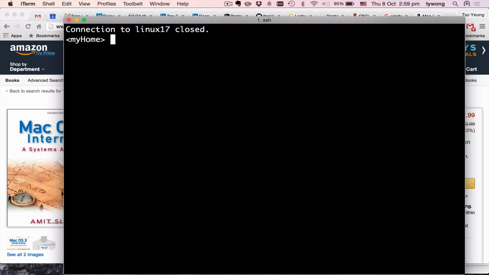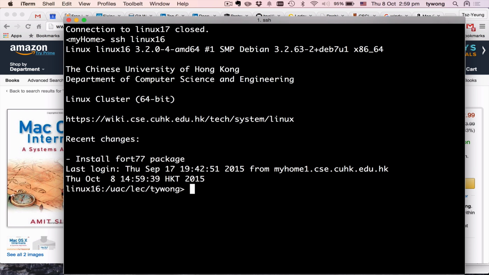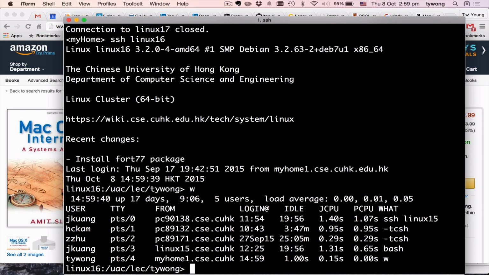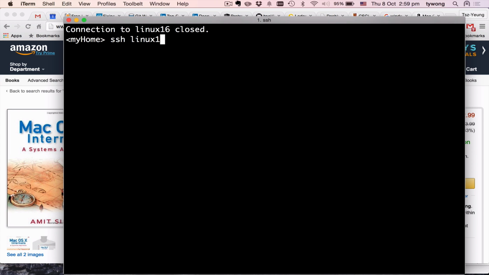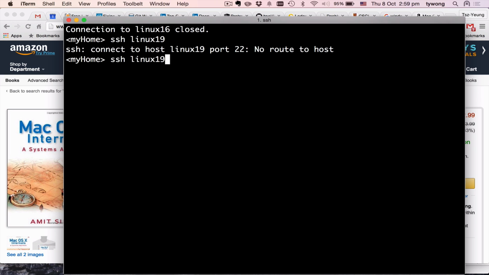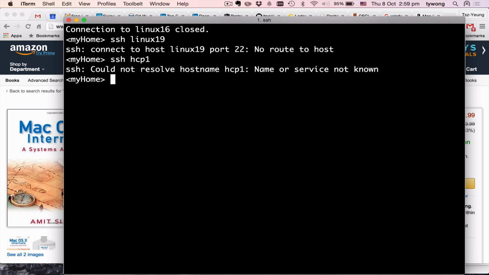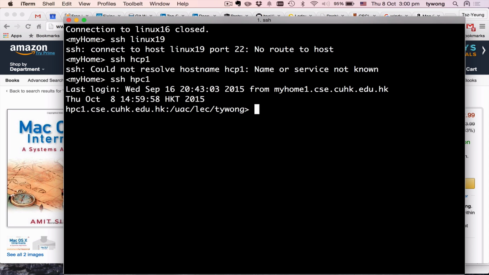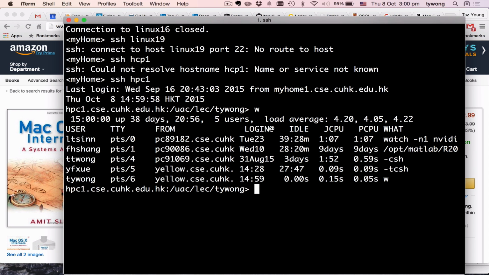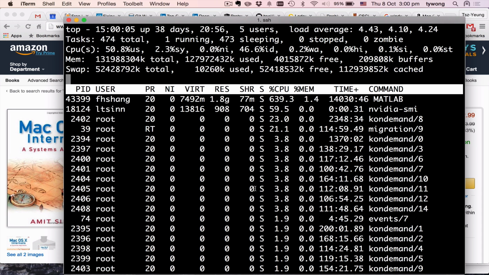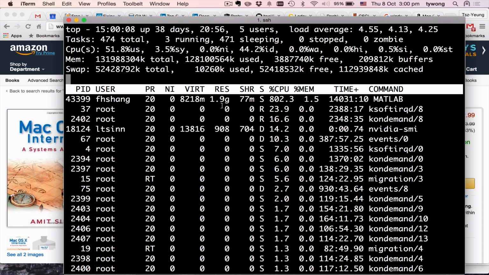No one executes anything. 16? No one. Oh, I found Kelvin. 19? Wow, department guys are very lazy, huh? No one is working. Okay, I go to the HPC one, the high performance computer. Right, we've got someone. I found Jimmy and his supervisor. So these are the two guys.